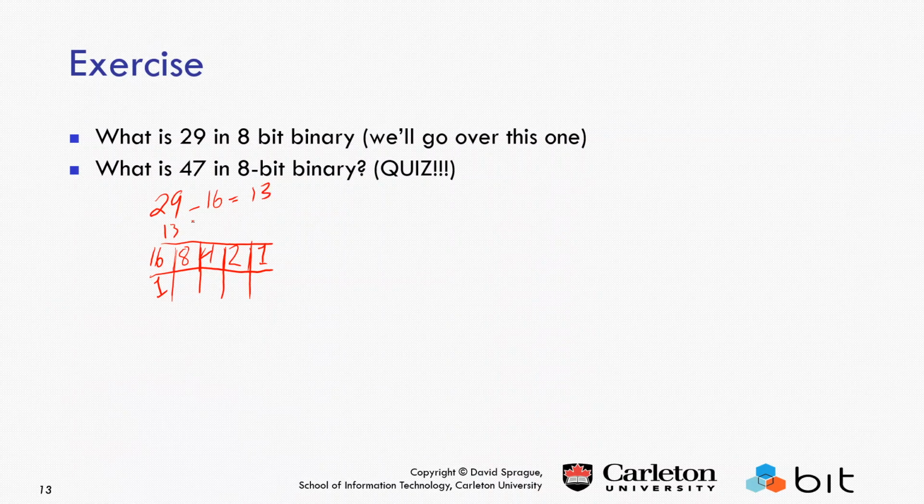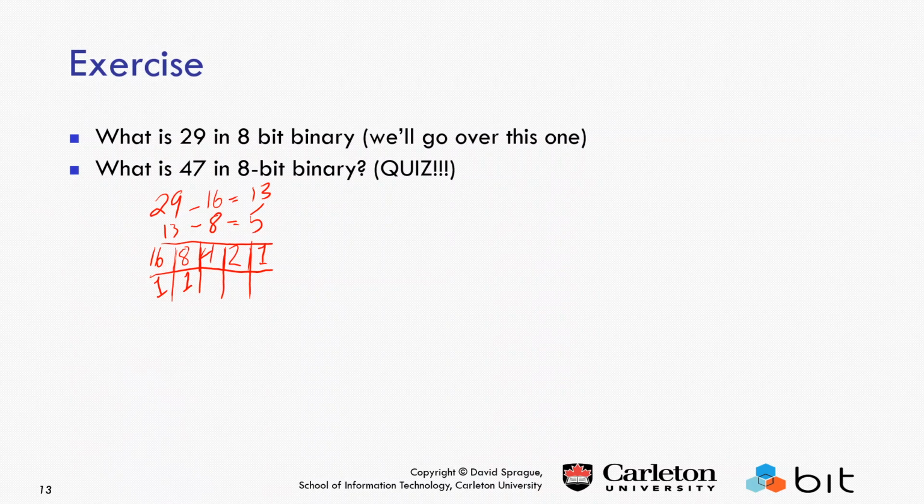All right. 13 minus, what's the next power of 2? It's 8. Okay, so I can put an 8 in here. So I'm going to have a 1 in this position here as well. 13 minus 8 is what? So that's 5. Unfortunately I don't get people in the class to correct my math.